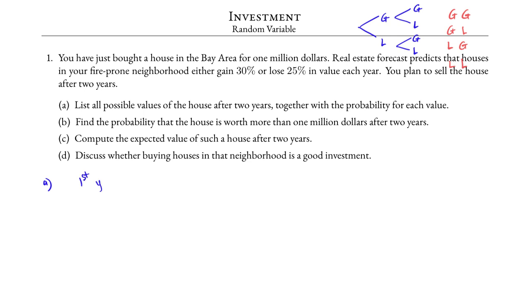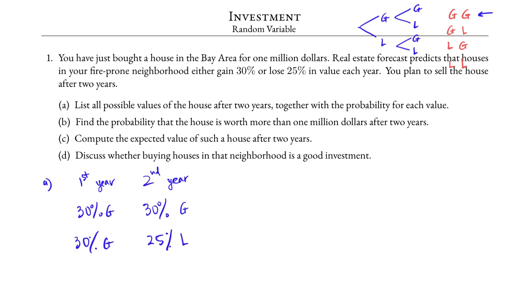This is the first year, first stage, and second year, second stage. The first year, we gain 30%. The second year, we gain 30%. That is the first scenario. The second scenario is that we gain 30% the first year, but we lose 25% the second year.